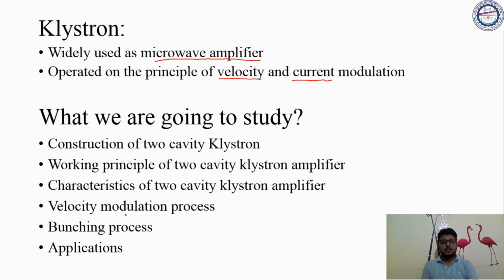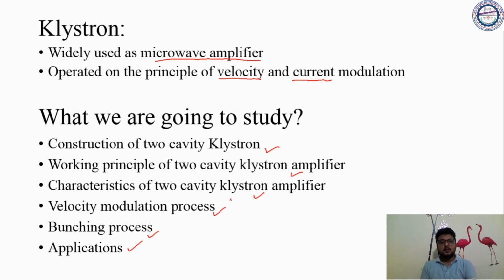Then we will see the mathematics of velocity modulation, and then we will see the bunching process. Next we will see some applications of klystron amplifier. So all these we will see in detail.